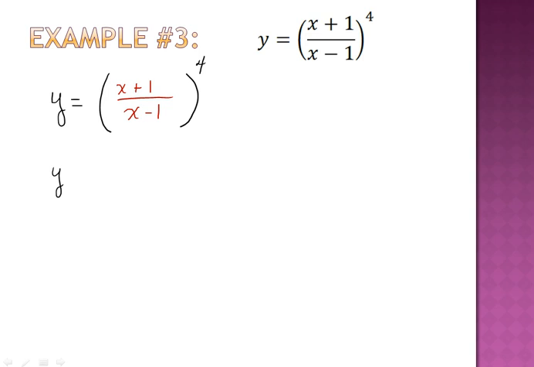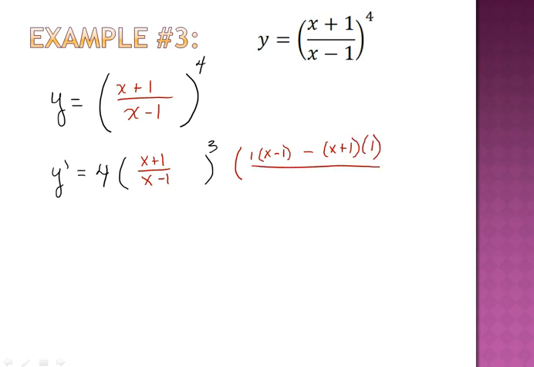So just deriving the outside first, drop the power, subtract 1 from your exponent, leave the inside alone. Now, deriving the inside, I have the numerator is a 1, and keep the denominator, subtract, keep the numerator x plus 1, the derivative of the denominator is a 1, and divide by the denominator squared.